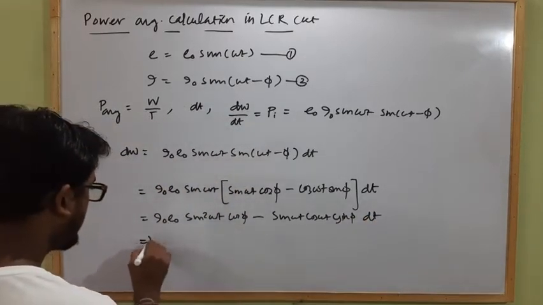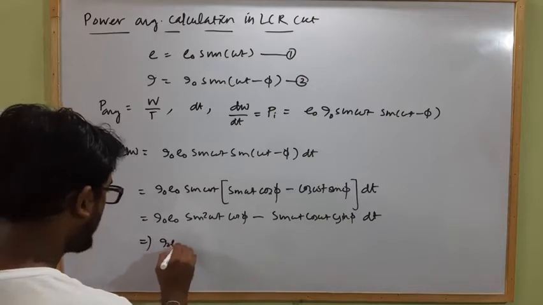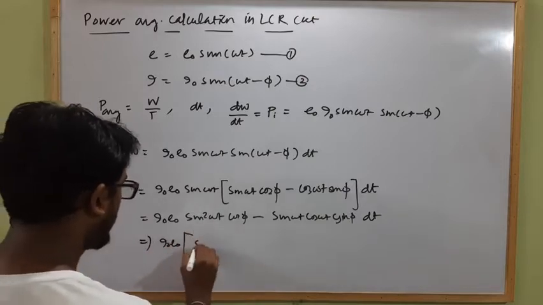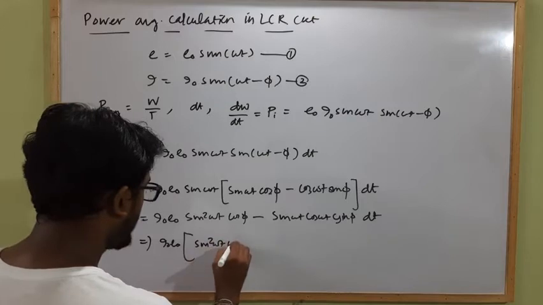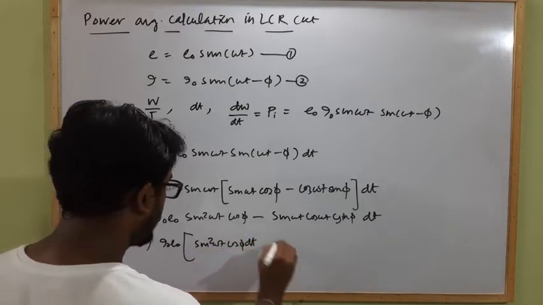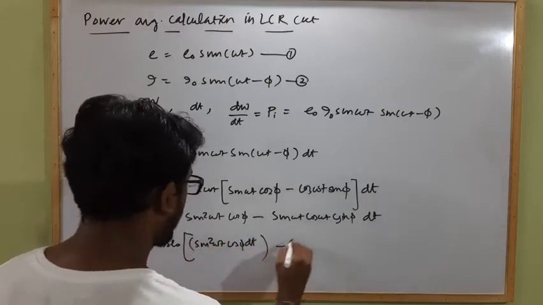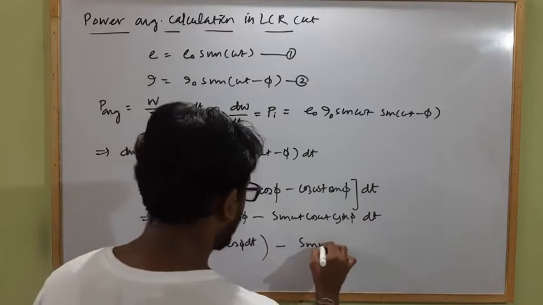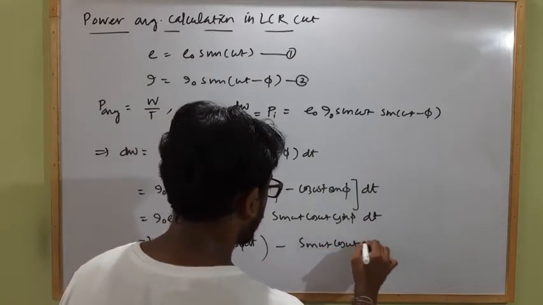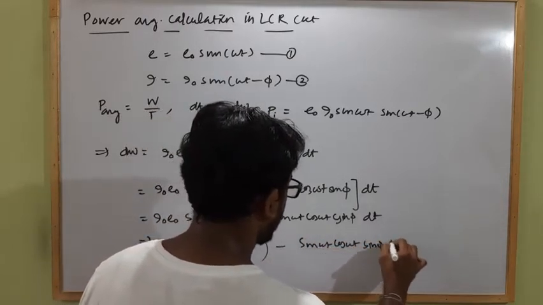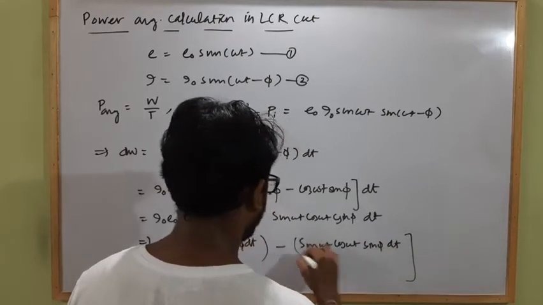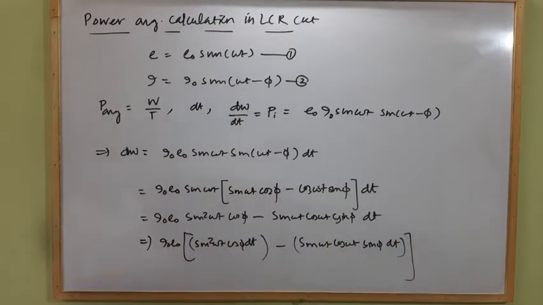So this can be written as I naught E naught, taking out, sin square omega t cos phi dt minus sin omega t cos omega t sin phi dt. Clear? Understood?